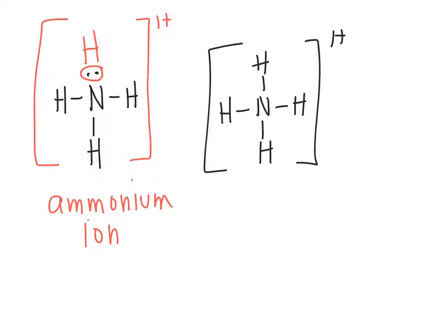This happens in another case. This happens with the hydrogen ion, and we'll get into this a bit in acids and bases. Here, oxygen has 2 lone pairs of electrons, and again, we've got an H without its electron.